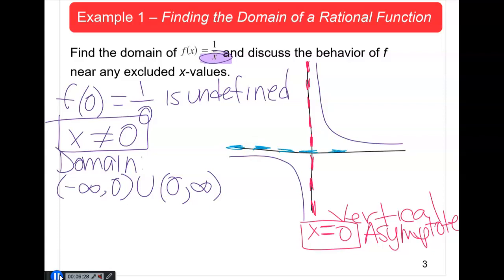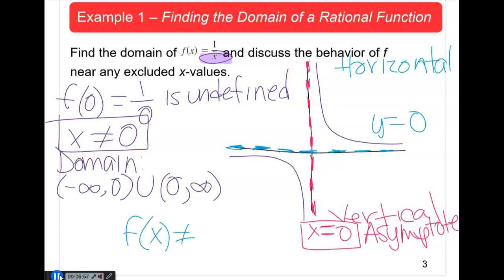In this case, the horizontal asymptote is the x-axis, so the equation for it is y equals 0, and that is because there's no output that we will ever get that will be equal to 0. So there's no f of x that will equal 0.